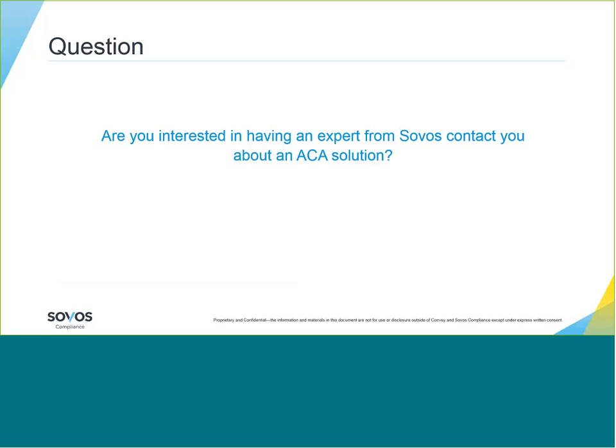Ray, do I have an obligation if I have more than 100 employees but not all are full-time? Good question. If you have more than 50 full-time equivalents, then yes, you would have an obligation to file. For instance, of that 100, if you have 30 that are full-time but the other 70 are half-time, those 70 would add up to an additional 35 full-time equivalents.